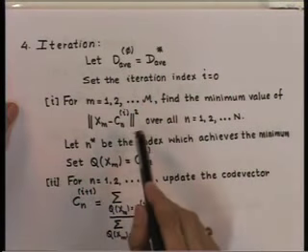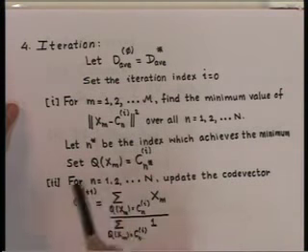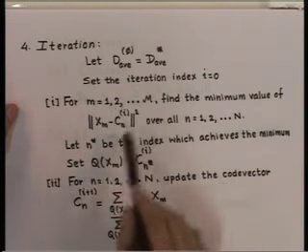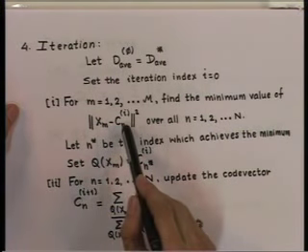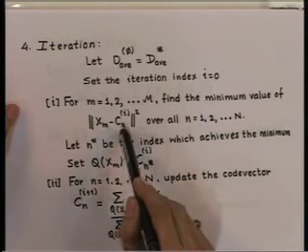So, we go to step 1, where we again divide the complete training set into two groups, but this time using the updated code vectors C1 1 and C2 1.